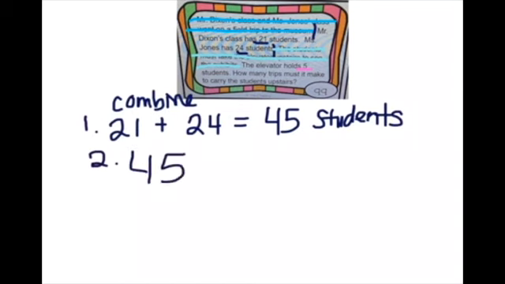We're going to have to share students or split them into equal groups so that these groups of students can all get to where they need to go. 45 and 5. 45 is my total number of students, and 5 is the number of students that can be held on the elevator. What do I always have to do when I'm given the total? What operation is that? Dividing. 45 divided by 5 is going to be our next problem.